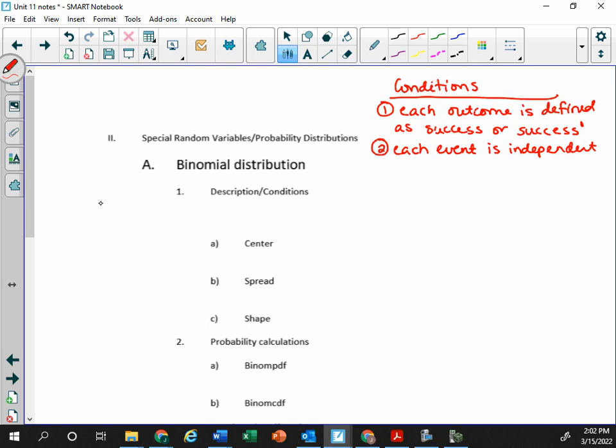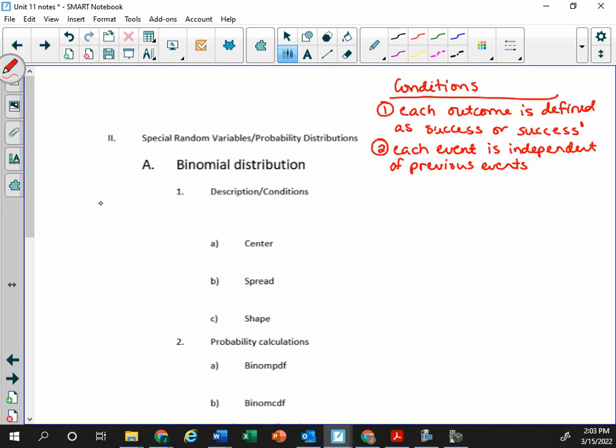Each event is independent of previous events. So like flipping a coin, does what you flip on one turn have any impact on what you flip on the next? No, they are independent of one another.